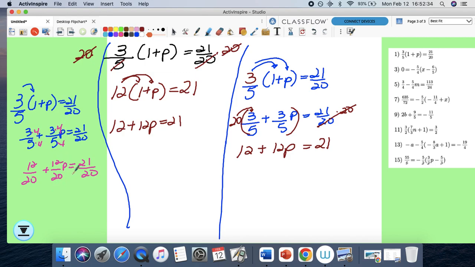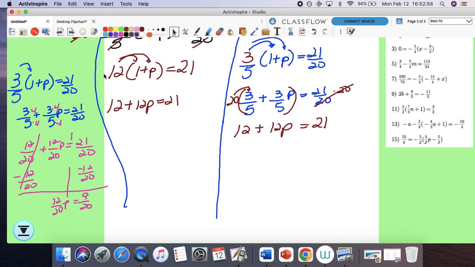So now I can subtract, well, I can say, oh, I want to subtract 12 over 20 over here, and on this side I'm going to subtract 12 over 20. And I get 12 over 20p, right, because these two go away. And over here, what I can actually subtract, because they're common denominators, is 21 minus 12, which is 9 over 20.